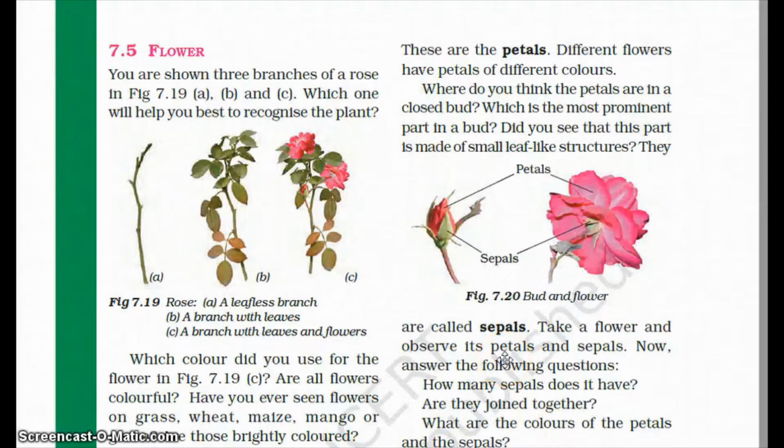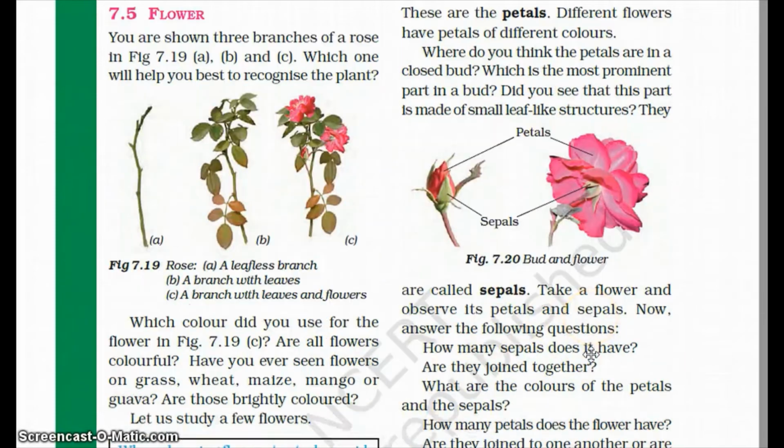Now you have to take the flower and observe the petals and sepals in the closed bud and in the flower also. So what will you see? These small leaf-like structures, which I have told you are sepals, and the colored structures, which are the petals. Now observe these petals and sepals.